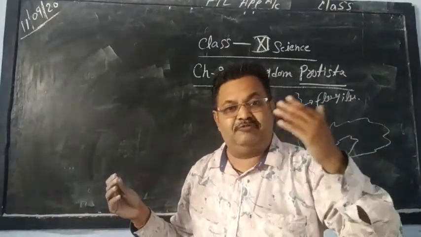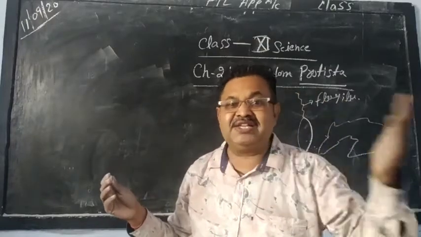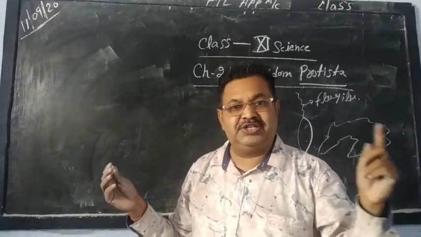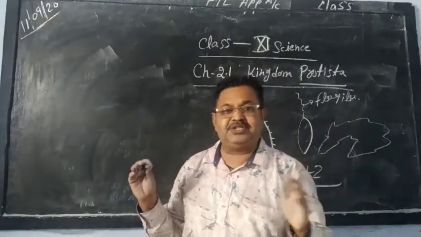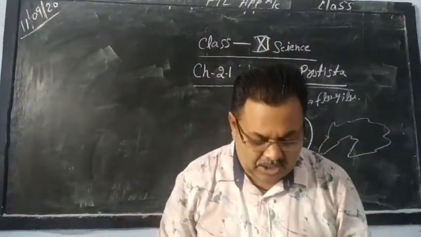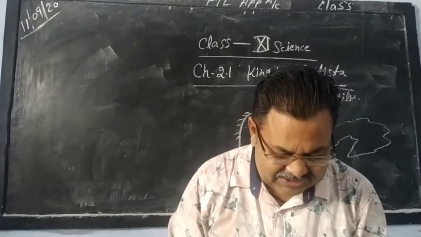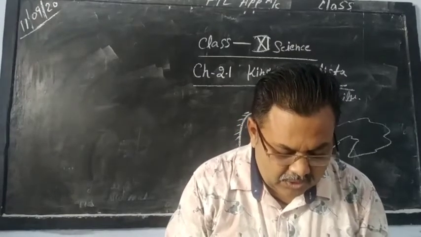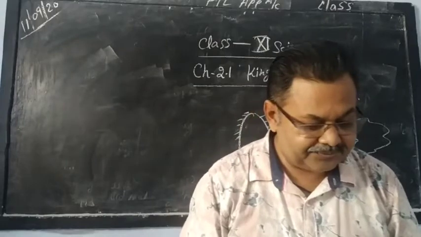Why? Because they exhibit characters of both plants as well as animals. So protists have characters of both plant as well as animal, so they can be classified as the garbage or dustbin of classification. Okay.